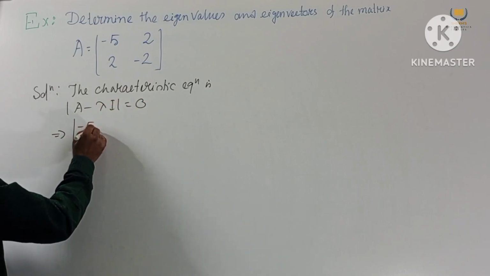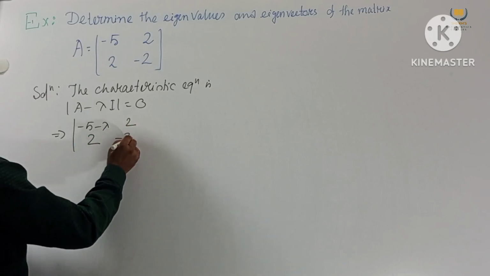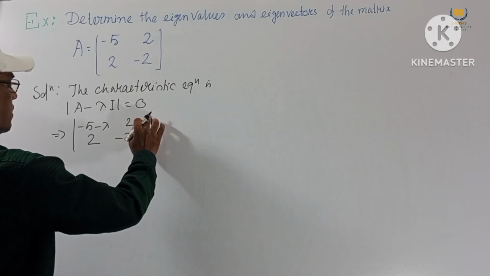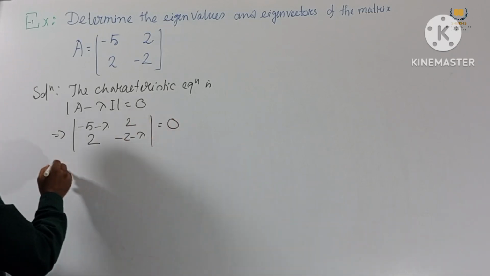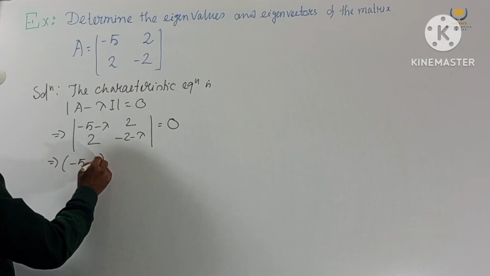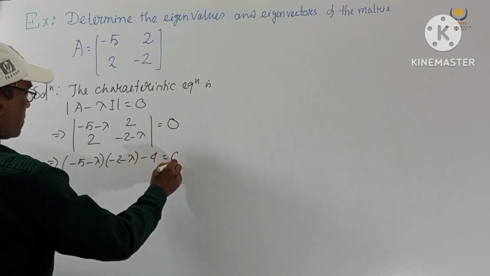So |-5-lambda 2; 2 -2-lambda| equal to 0. This implies (-5-lambda)(-2-lambda) minus 4 equal to 0.